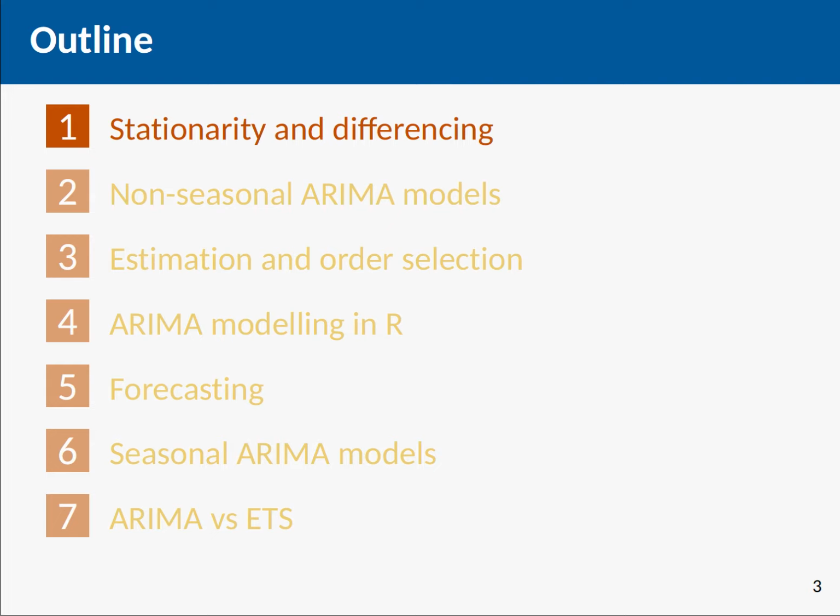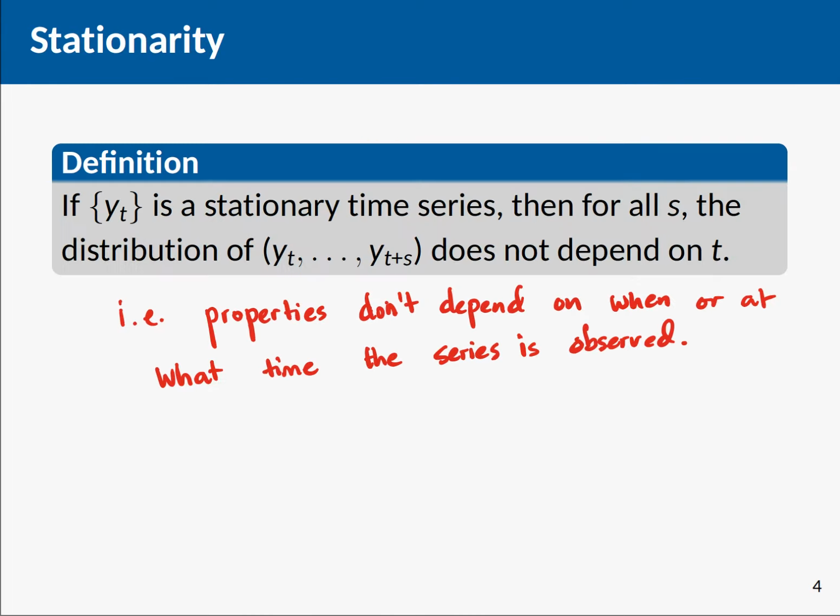Now let's talk about stationarity and differencing. We have discussed this at length in class, but stationarity by definition for a time series is as follows. If y_t is a stationary time series, then for all s, the distribution of y_t through y_{t+s} does not depend on t.